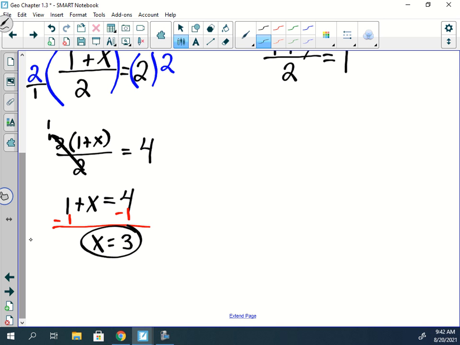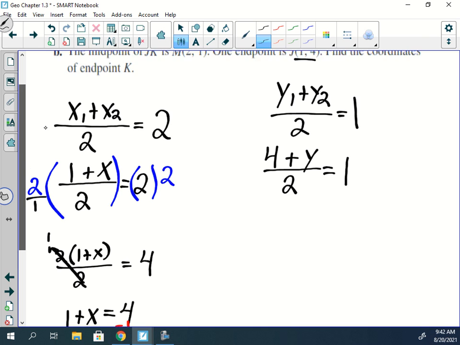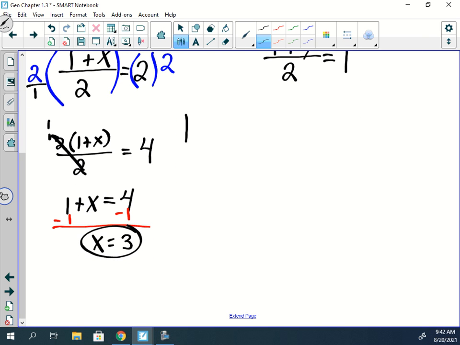Is it wrong to move x? No. But it would require a few more steps. Because whenever the variable is already all on the same side, let's move everything else away from it. So the x value of our endpoint K is 3.